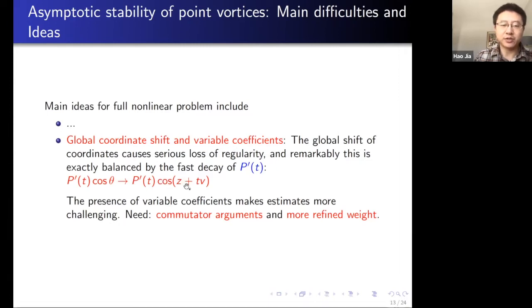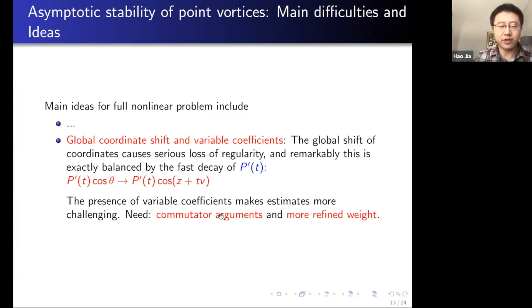Because we work in Gevrey space, the Gevrey norm of this function grows almost exponentially. That's only compensated, if we want to control the unknown in Gevrey space uniformly, by the very fast decay of p'. So everything in the end remarkably exactly matches. We have exactly the same kind of decay to compensate this precise loss of regularity.